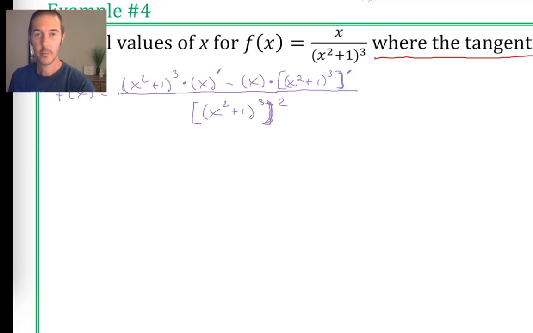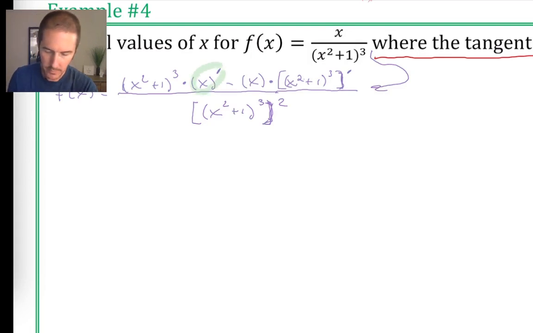Okay, so we have embarked on finding the first derivative of f of x, and we have started out by using the quotient rule. So in your notes, you might want to include a note that says that we went from here to here by using the quotient rule. Now, what do we have to take the derivative of in here?